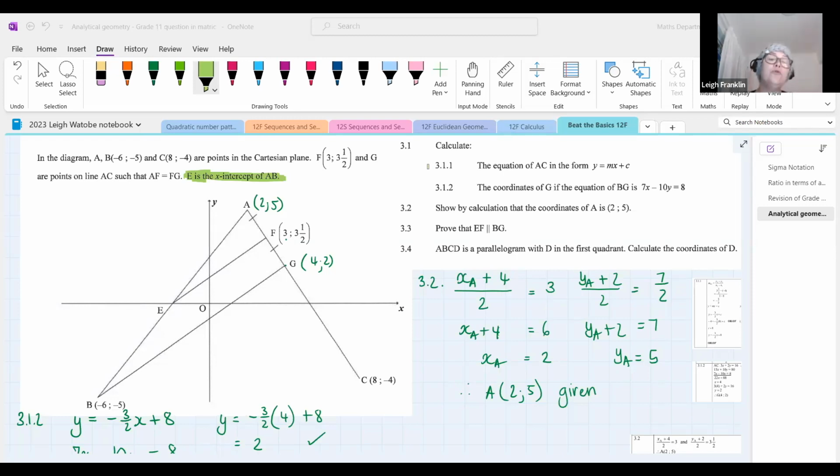Okay, we don't know that AE equals EB. We've not been given that, and we haven't proved it. So if you use information that you haven't proved or you haven't been given, then you will be penalized for your answer.